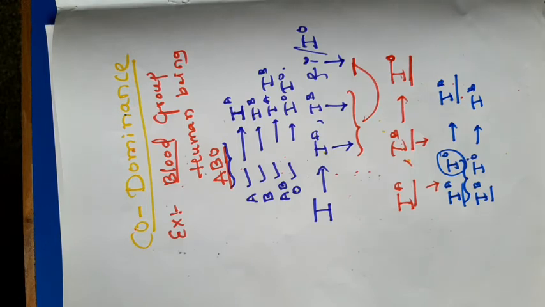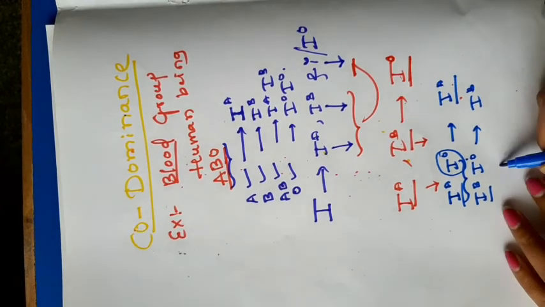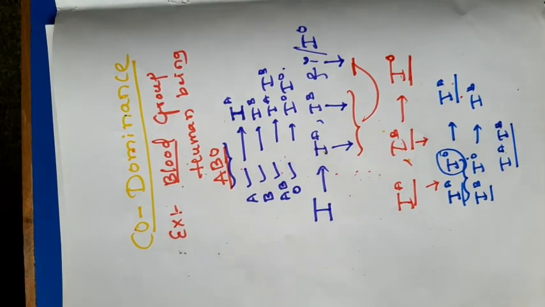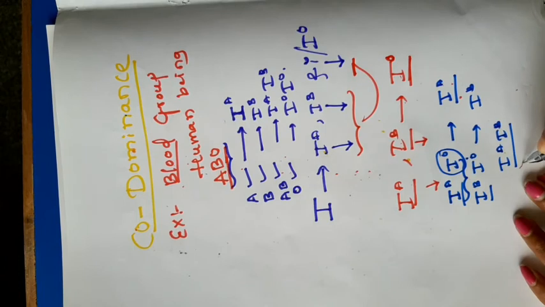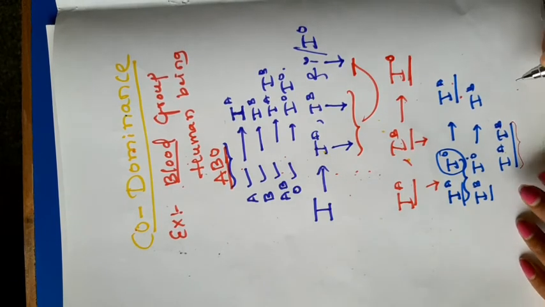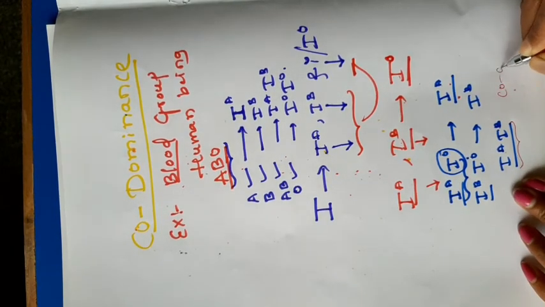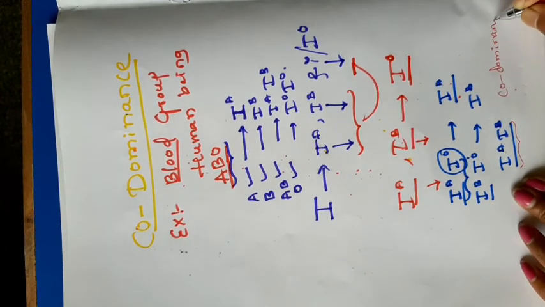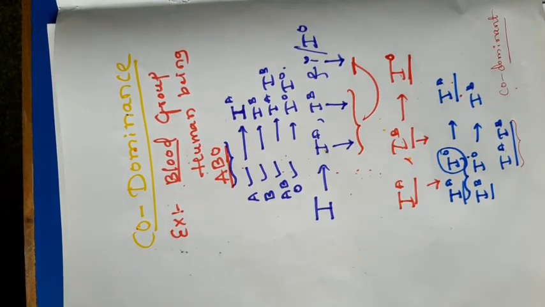When IA and IB are present together in an individual, both express their own types of sugar. That's why those are known as codominant genes or alleles.